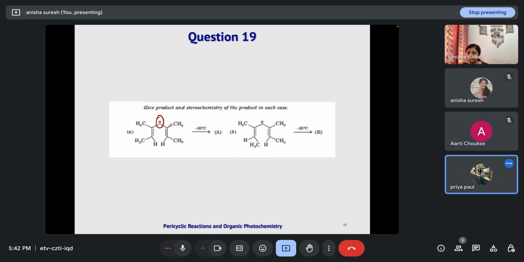So is this system a 4n or 4n plus 2 system? 4n system. This is a 4n system, and the condition is thermal condition. So 4n, delta, it will undergo conrotation. Similar is the case with this also, 4n, delta, conrotation. So please try to draw the product.